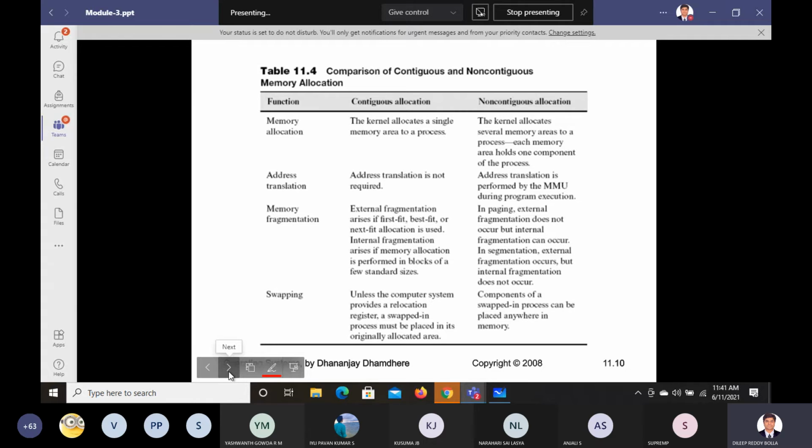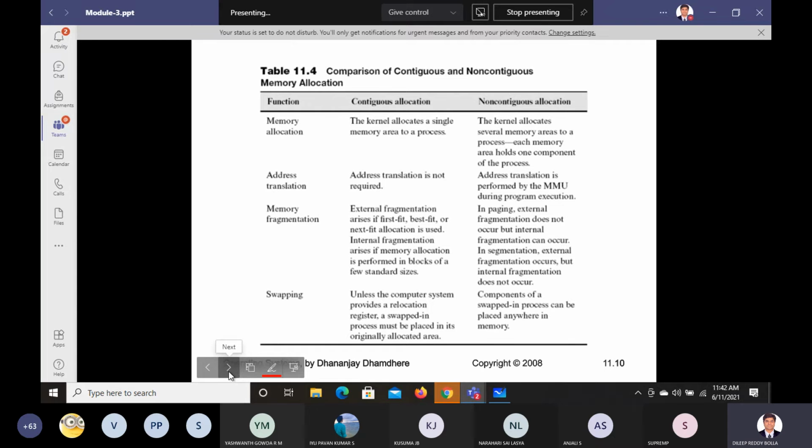The first one is memory allocation. What can you understand from memory allocation? It gives how the memory allocation will be done in contiguous memory and how it will be done in non-contiguous memory.